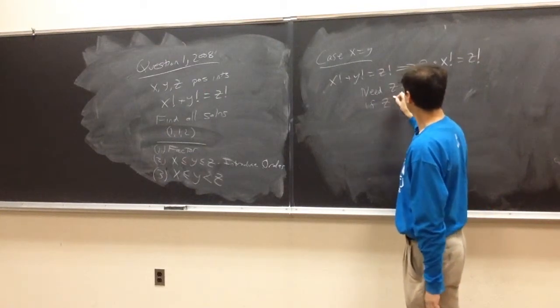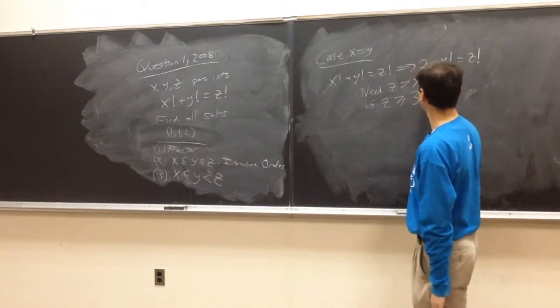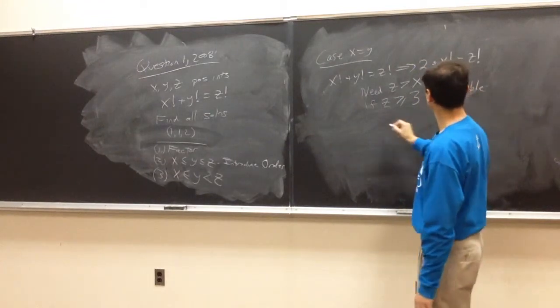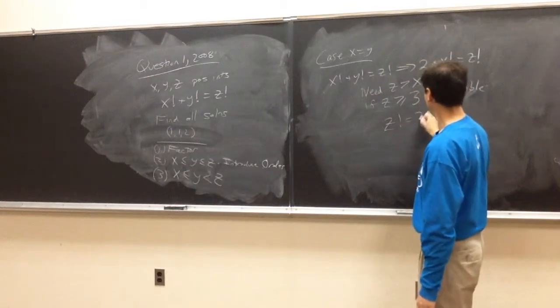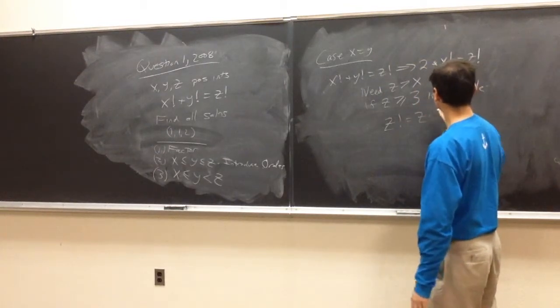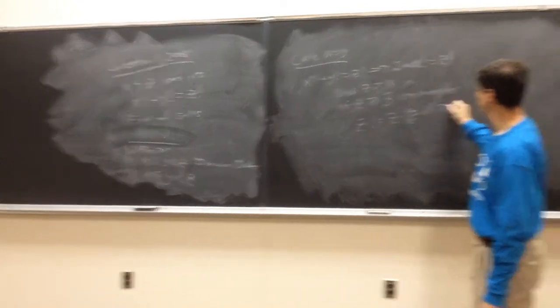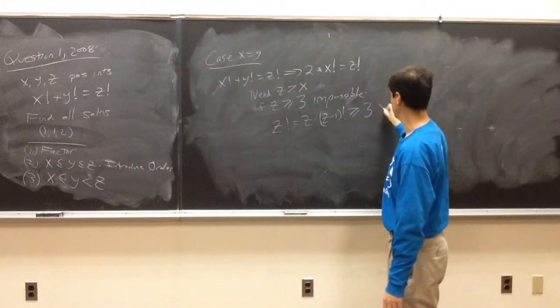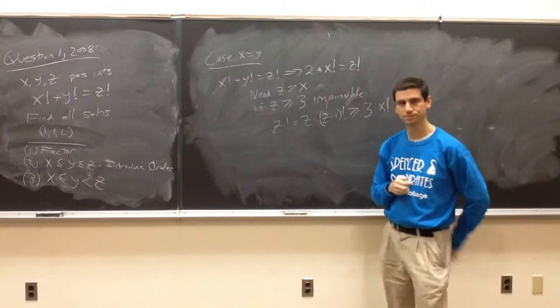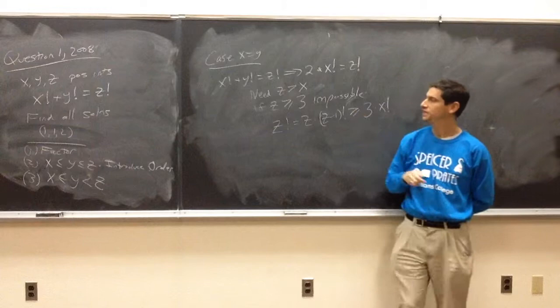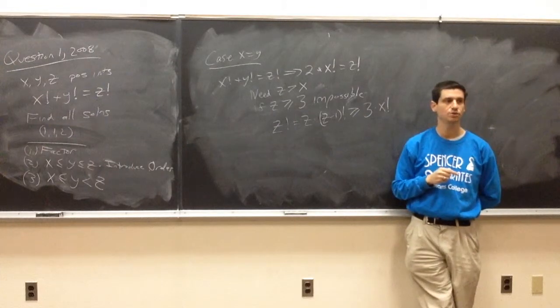If z is greater than or equal to 3, it's impossible, because in that case z factorial would be z times z minus 1 factorial, which would be greater than or equal to 3 times x factorial. So we can immediately conclude that z has to be less than or equal to 2.